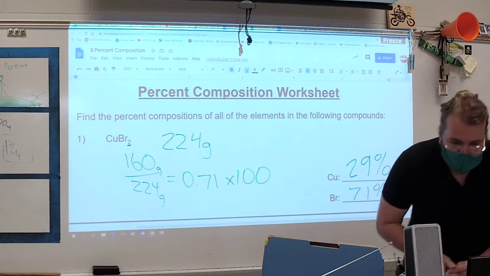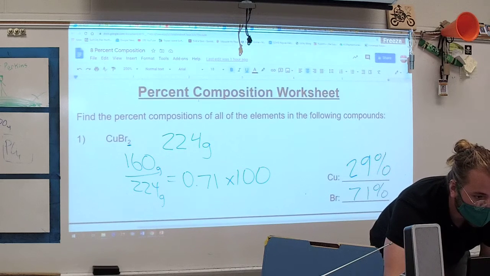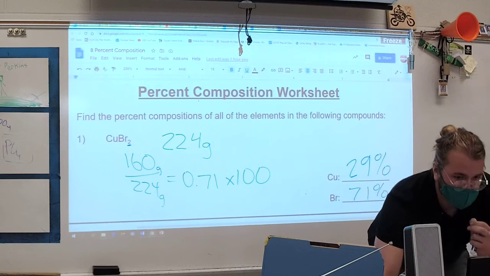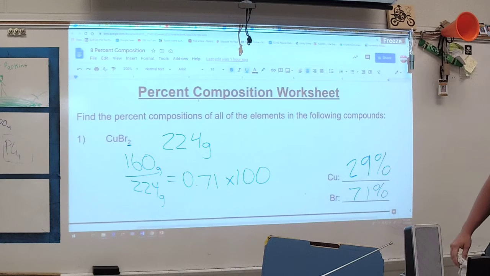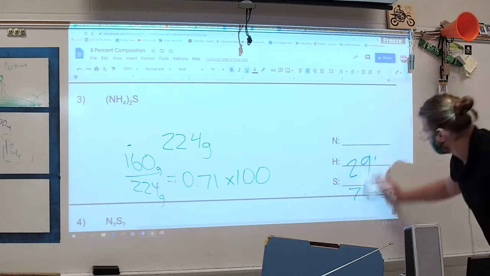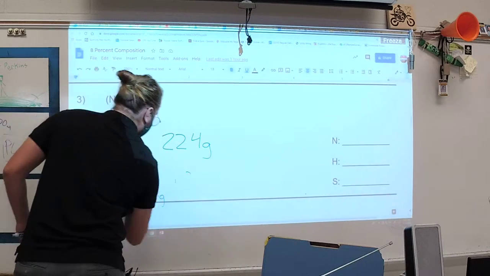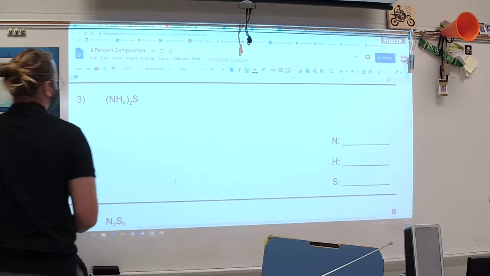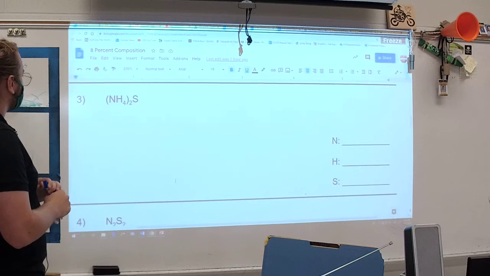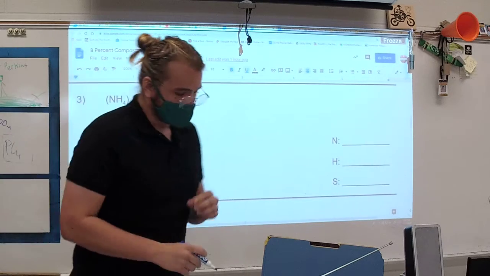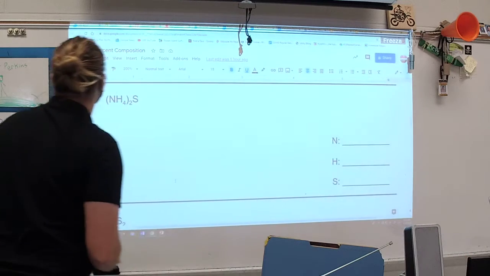Let's go down and let's try problem number 3. Here's a good one. We have NH4 twice S. Let's find the total weight of this real quick.